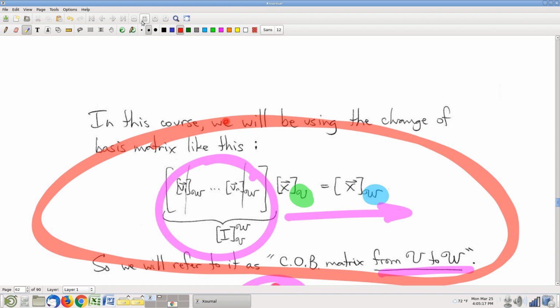They're going to say from W to V instead of from V to W. Also be aware when you're looking at the homework exercises. There are a few homework exercises in section 5.3 where the book uses their terminology. So when you see in the book's homework exercises, if they say from blah to blah, interpret it the way that they intended it. In other words, flip it and interpret it like this. Does that make sense to everybody?